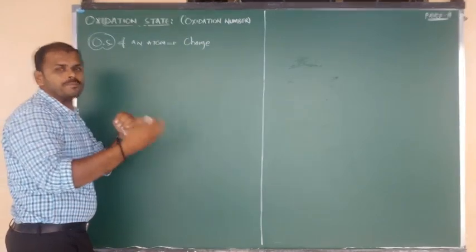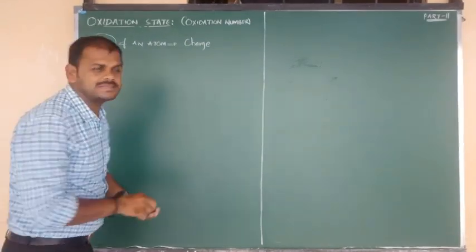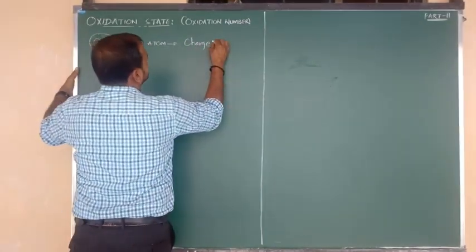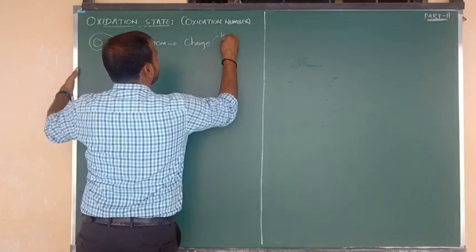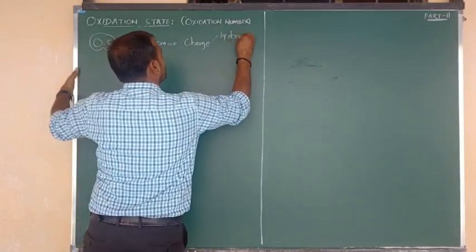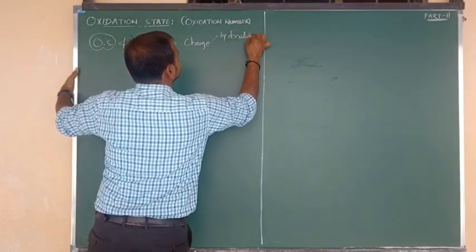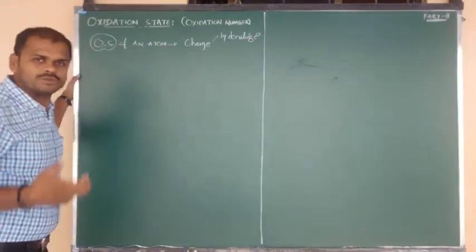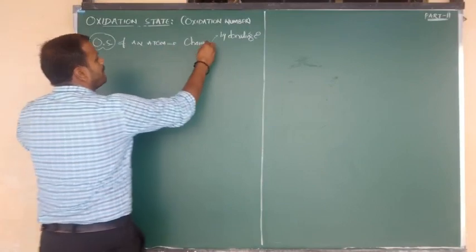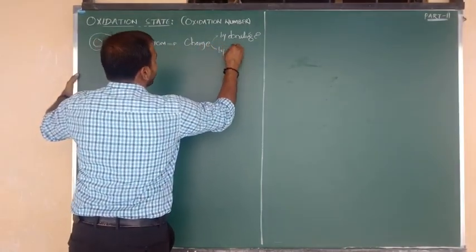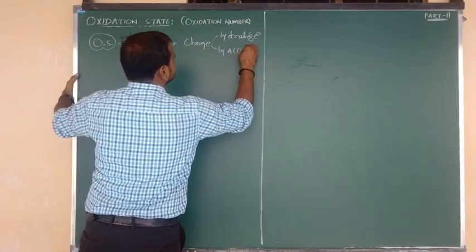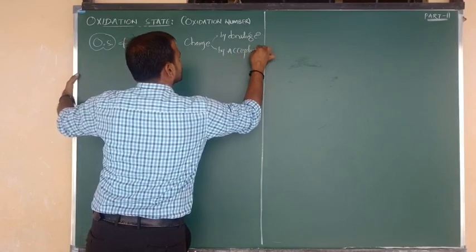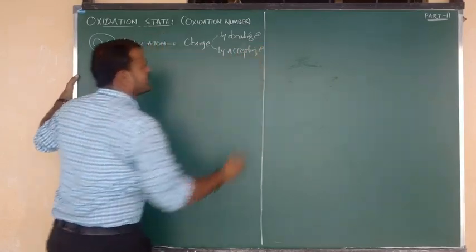The charge may be produced for two reasons. Number one is the charge produced by donating of electrons, and sometimes the charge is produced by accepting of electrons.